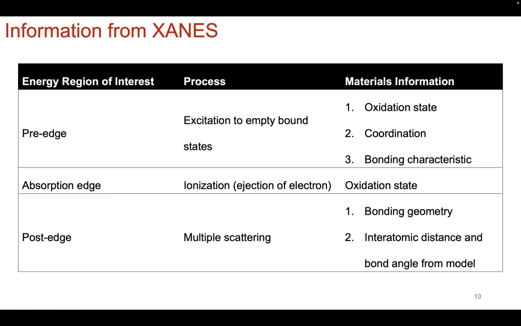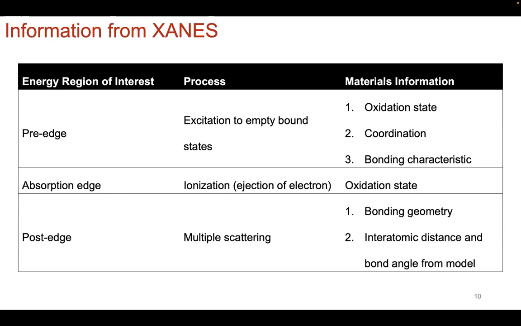But I should say it gives us information based on standards, because it is incredibly difficult to fit the near-edge region. We can fit EXAFS, but fitting the post-edge region within XANES, which is 50 eV of the absorption line, is really difficult because we have to take into account the multiple scattering processes, and that's not trivial when it comes to using software like DFT, right?